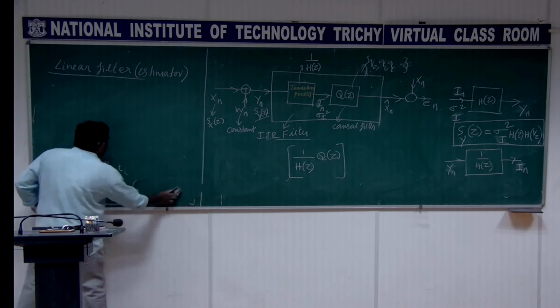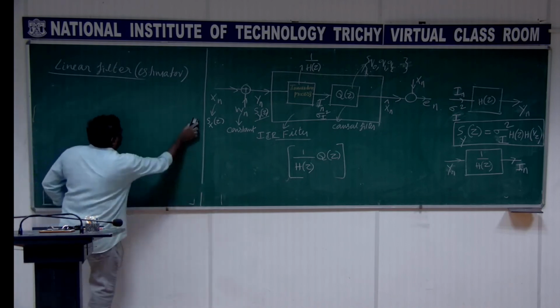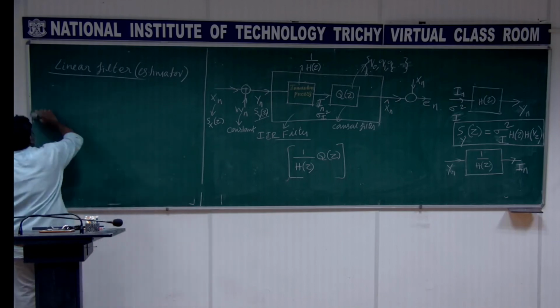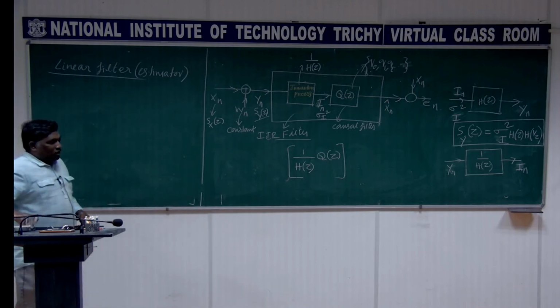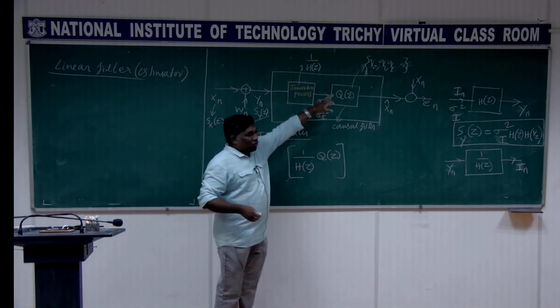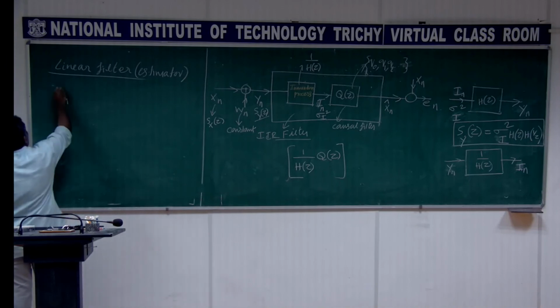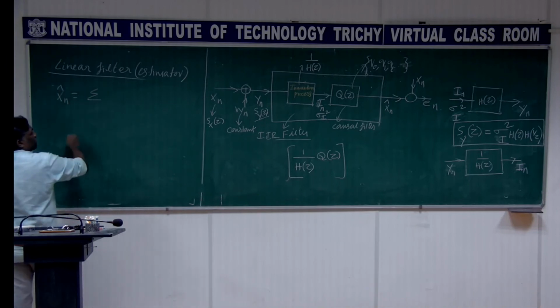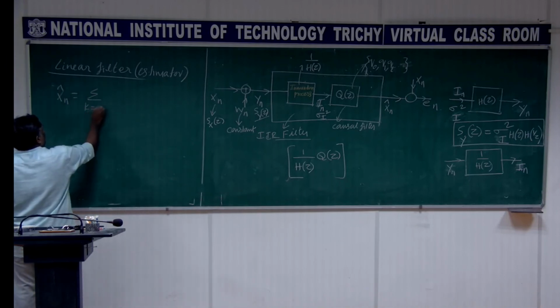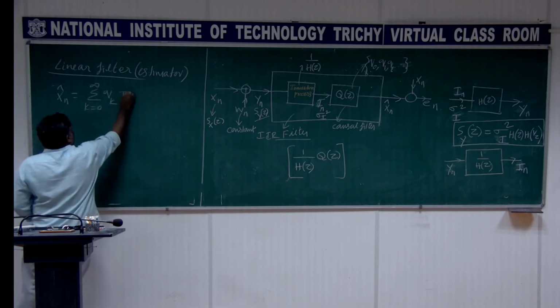And what is the use of using this innovation process to get that solution? See here, we have the input as I(n), and this is a filter coefficient. We know that X(n) cap is simply the sum over k equal to 0 to infinity of q(k) I(n minus k).